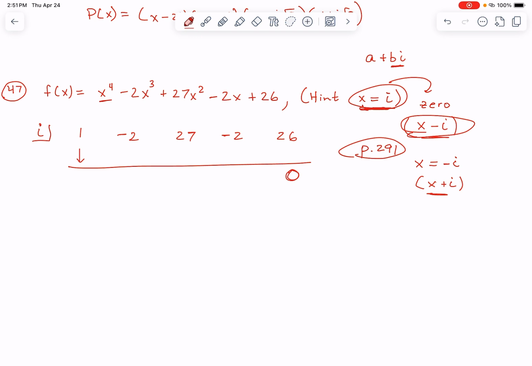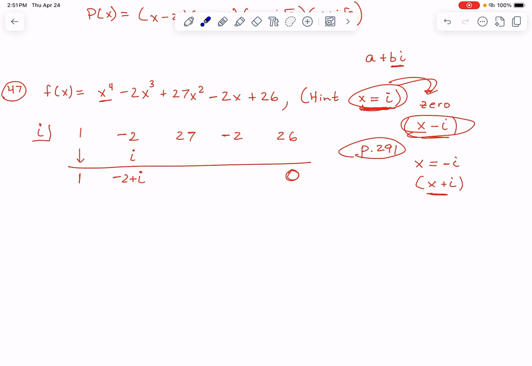And the reason I know is because they told us that x equals i is a 0, right? So, drop the 1. 1 times i is i. Then we'll have negative 2 plus i. Then I'm going to multiply by what's in the box.